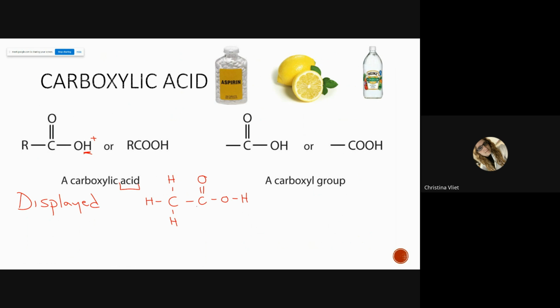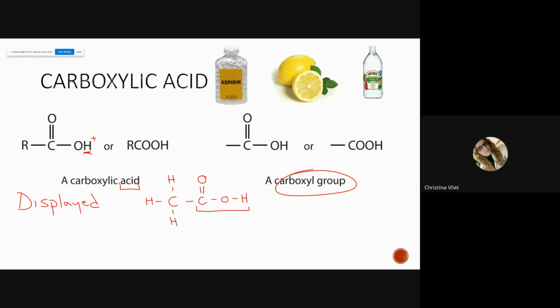This right here is the carboxylic acid, the COOH. If you look at your paper, the actual name of the functional group is carboxyl. But this is specifically a carboxylic acid because it's got the H plus. And when we name it, we'll name it as a carboxylic acid shortly.